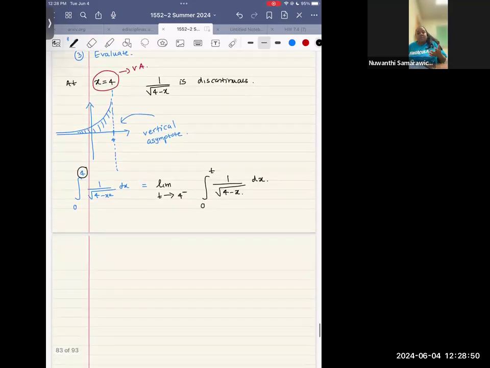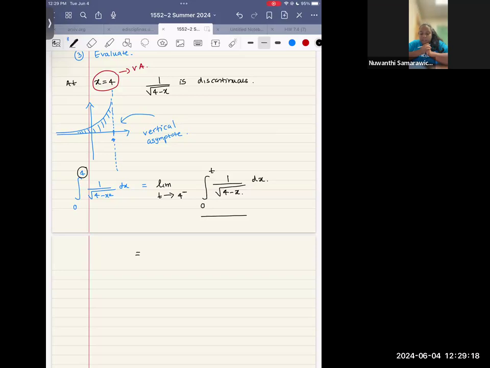Now this part is just the definite integral. Can you all find the definite integral of this part? Any idea what is the next step? How do we solve? Let's solve it together.